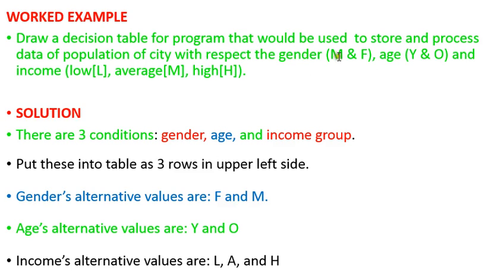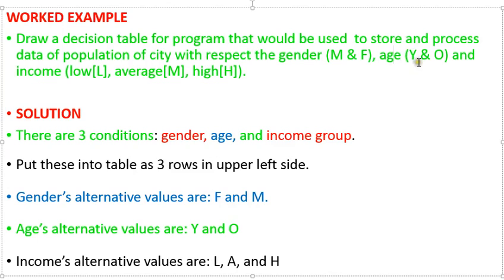In gender, we have 2 alternatives, male or female, and with respect to the age, they are categorized into young and old, and the income level of the people. Here we have 3 categories: low income, average income, which is medium, and then high income. Since we use average, let's put A here.